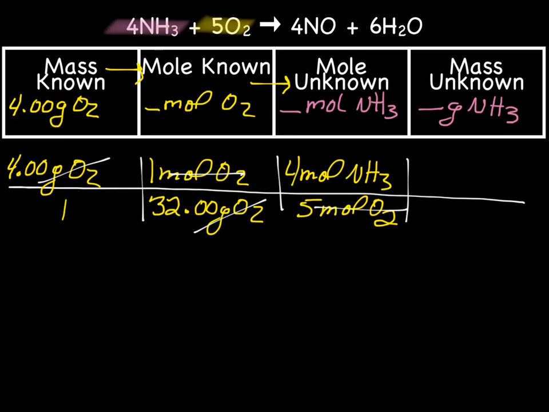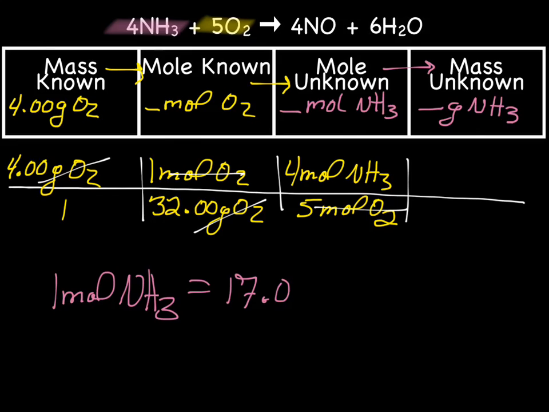And now we need to convert from mole unknown or mole NH3 to mass unknown or mass NH3. So we're going to use 1 mole of the unknown, which is NH3, equals the molar mass of the unknown, NH3, which means we're going to add up 1 N and 3 H's, giving us 17.04 grams NH3. However, we only have 3 sig figs because of the hydrogen.